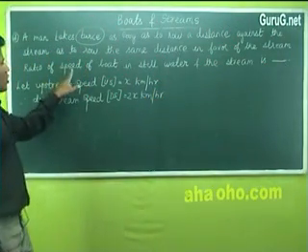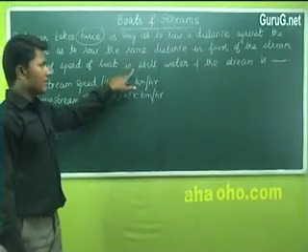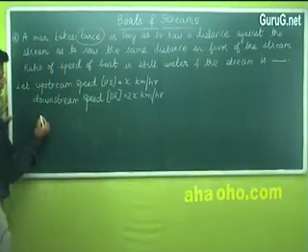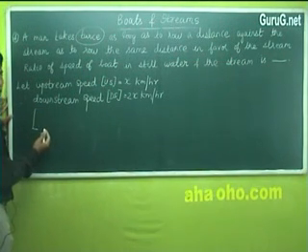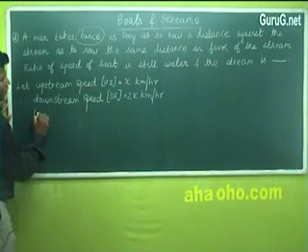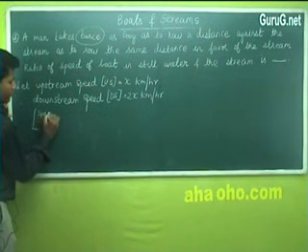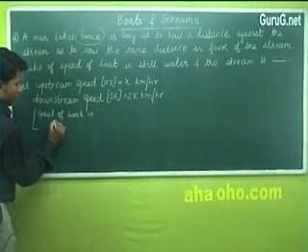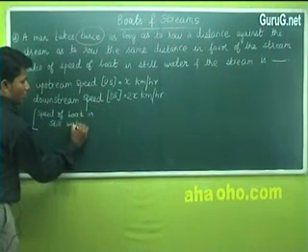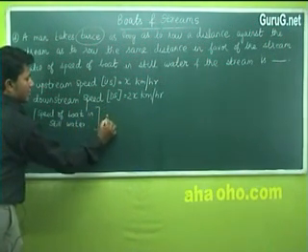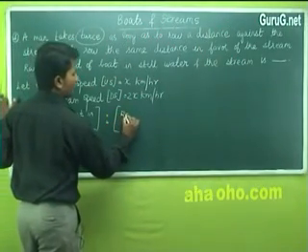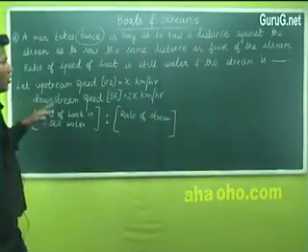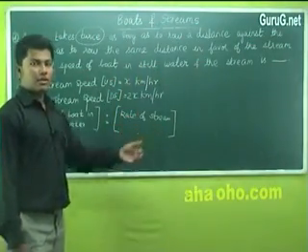Now, what is the ratio of the speed of the boat in still water and the stream? So what you have to find is the ratio of the speed of the boat in still water to the rate of the stream.